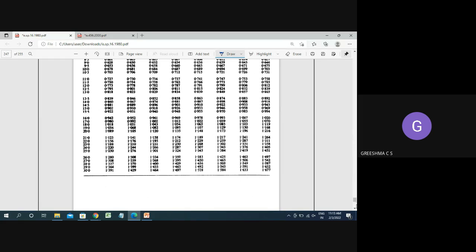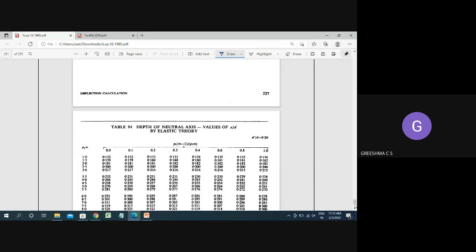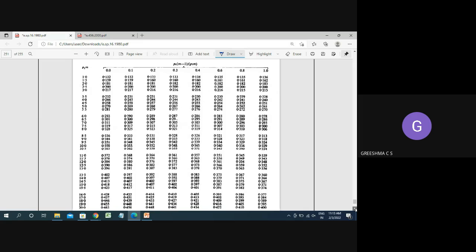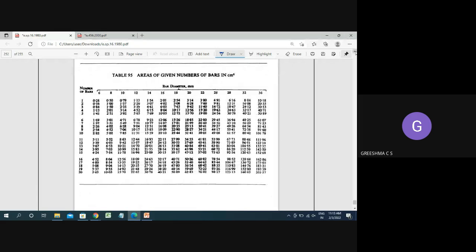From table 95, okay, so this is table 95 now. The area is 3600 mm square, which means 36 centimeter square.